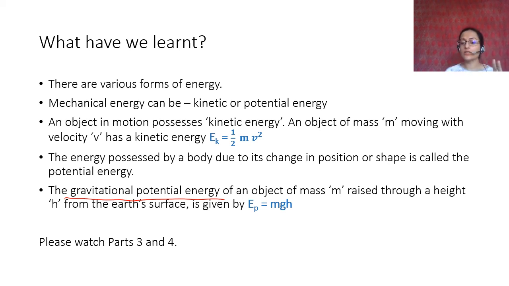So these are the two very important things that you learn: kinetic energy and potential energy. And this is also very easy. If an object is at a certain height or position, it has a certain potential energy. If that object starts to move because of the work done on it or because of the potential energy that was stored in it, then it has kinetic energy.